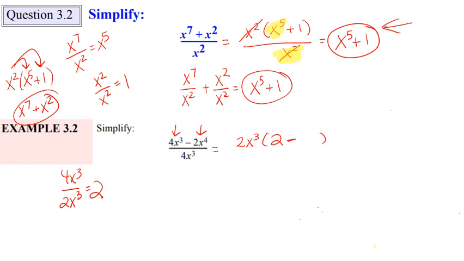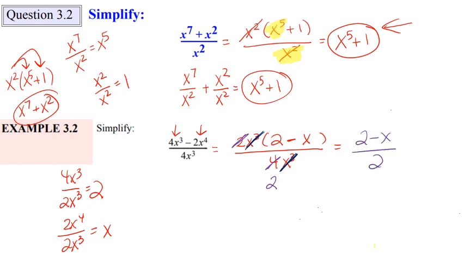And I'm going to take this part, 2x to the fourth, and divide it by the GCF, and that's going to be x, all over 4x cubed. So this x cubed is going to divide out with this x cubed. And this 2 is going to reduce with the 4 to produce a 2 in the denominator. So my final answer is going to be 2 minus x over 2.